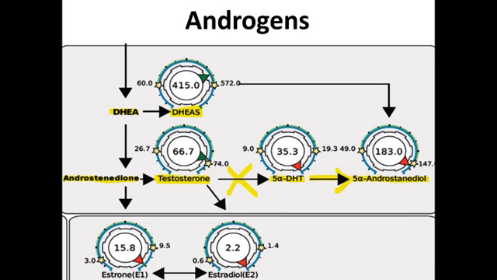We know estrogens predominantly for their role in females and reproduction, but all estradiol is converted from androgens initially. Testosterone gets converted to estradiol, and androstenedione is converted likewise to estrone.